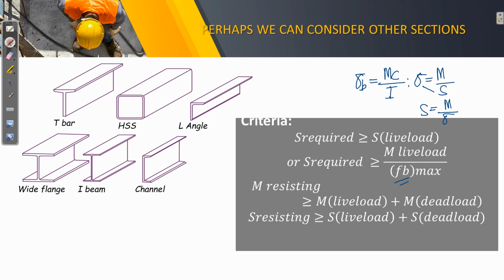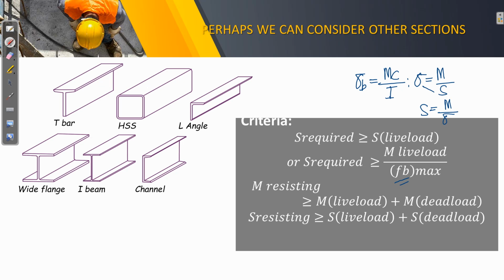What I introduced to you a while ago is that S is elastic, but most of the books are expressing the plastic section modulus in terms of S. So we'll just have to adapt to it.